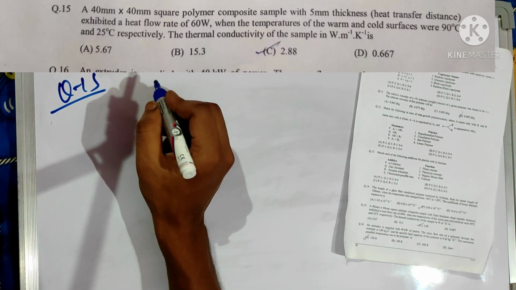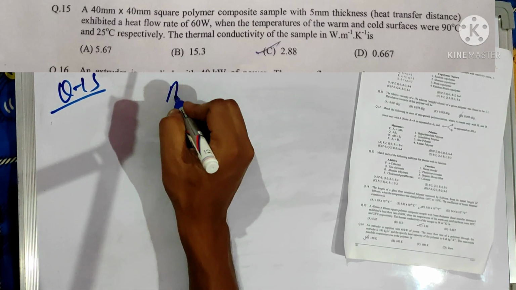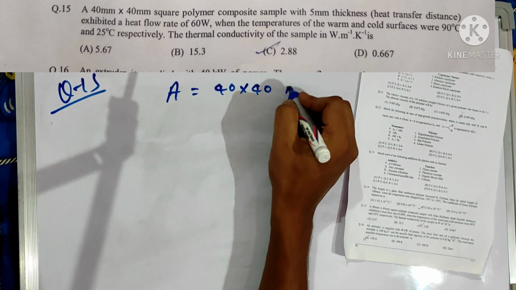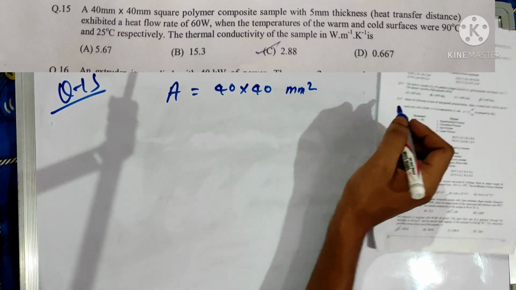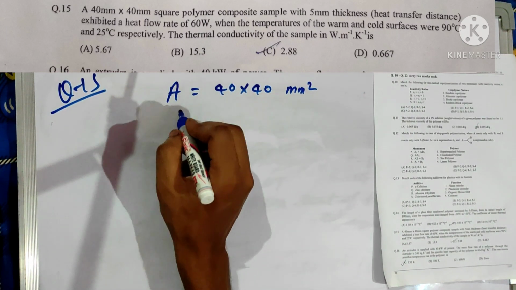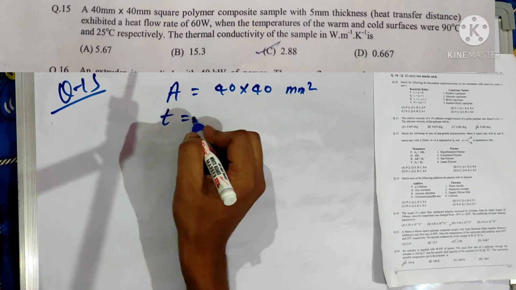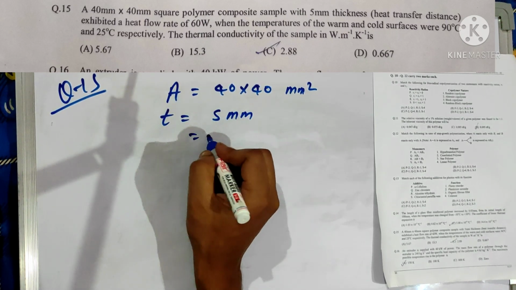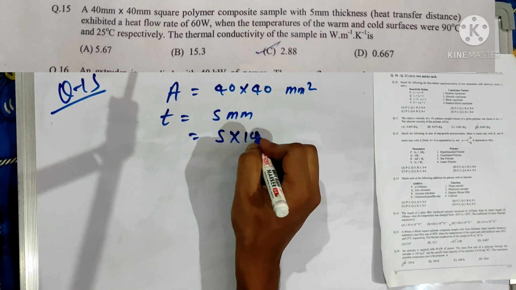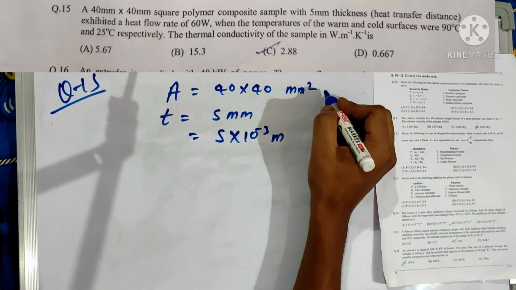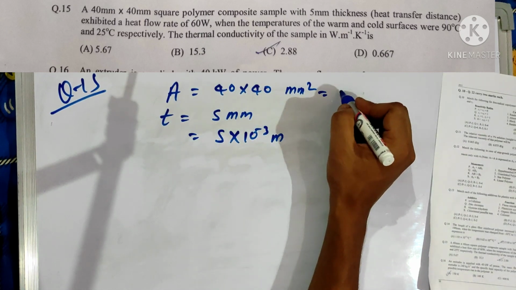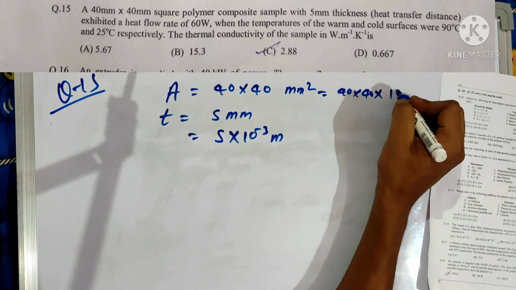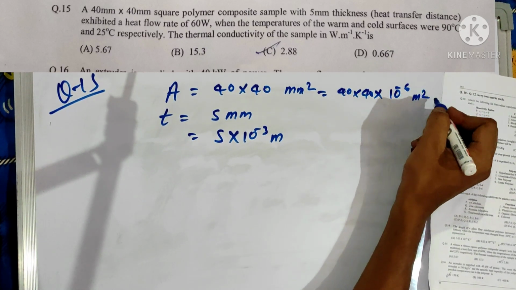Polymer composite having cross-sectional area A is equal to 40 into 40 mm square and the thickness of the polymer composite T is equal to 5 mm. Then converted into meter, 5 into 10 power minus 3 meter, and this 40 into 40 into 10 power minus 6 meter square.